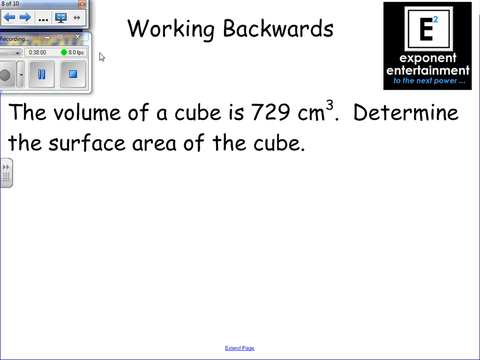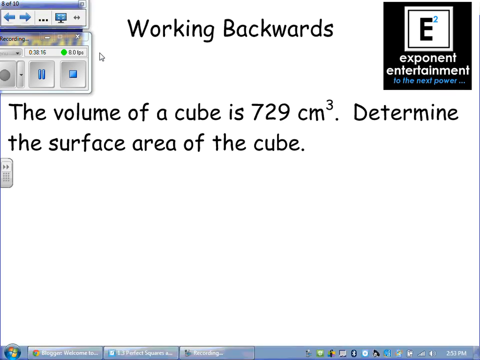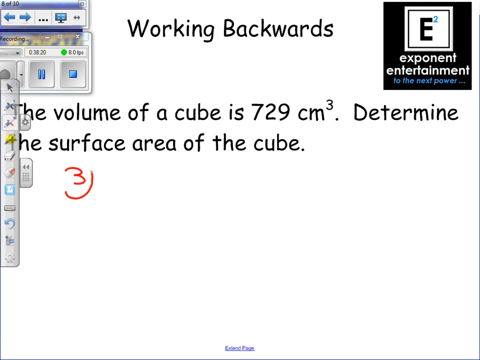All right, Carter, step us through it. Which is equal to one side length, right? Does everybody agree up to this point? Yeah. All right.